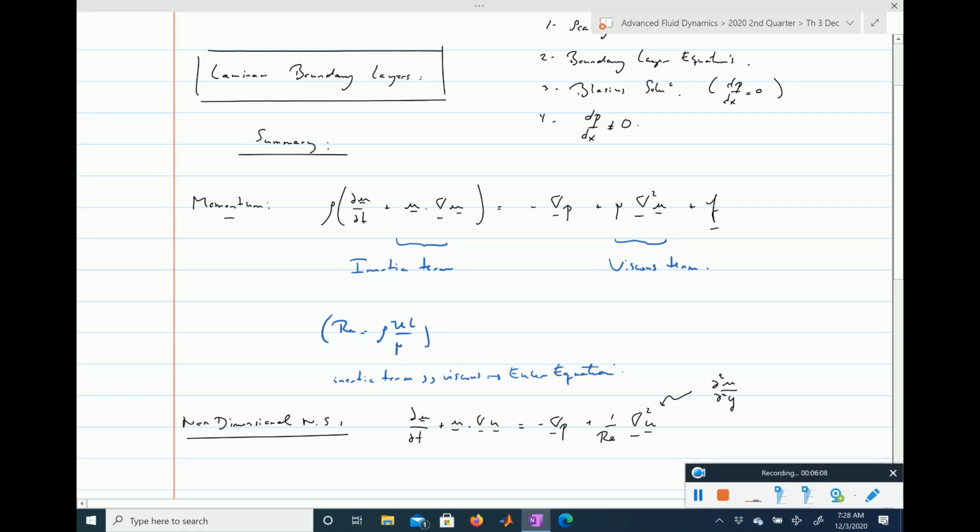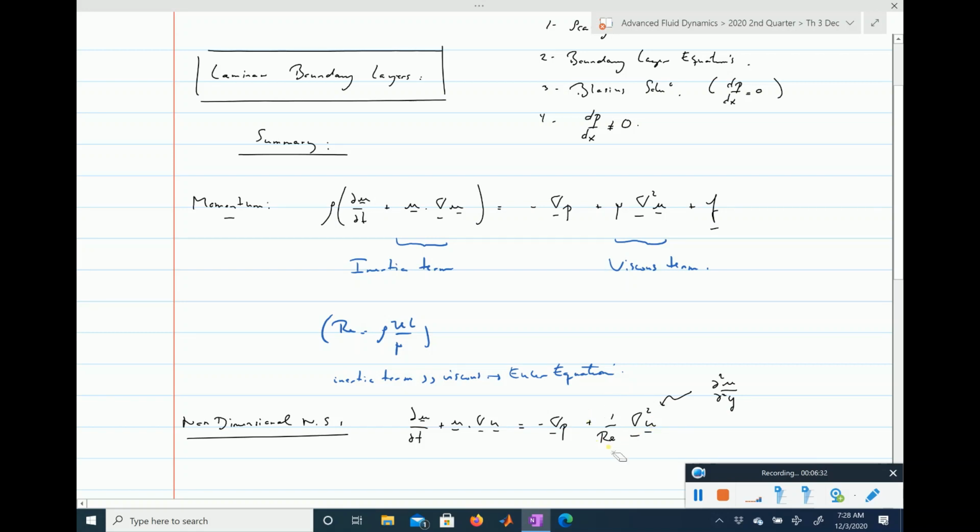If you're thinking about a very small boundary layer in which you have enormous gradients of the velocity, so when you have significant shear over very small distances, this term could become really large, right? And so if you have a large term divided by a large number, there is a region where this term is not going to be negligible.